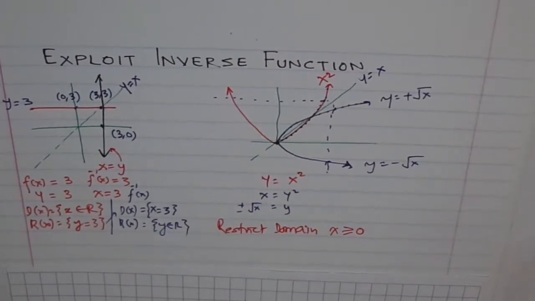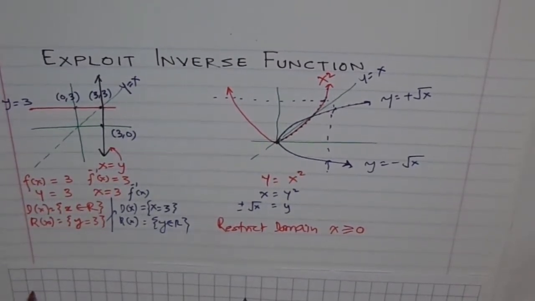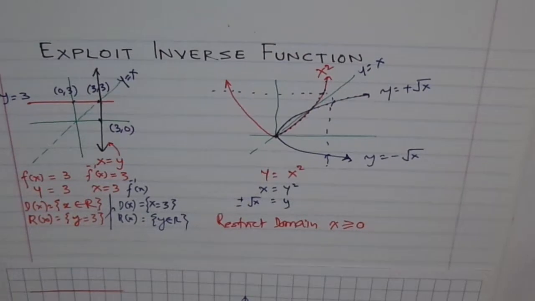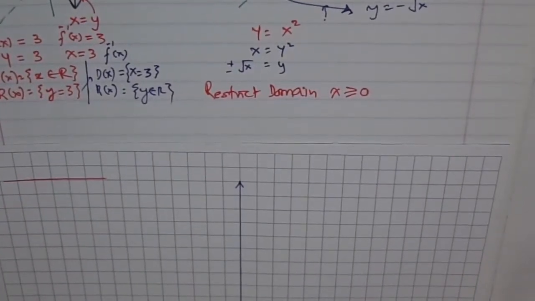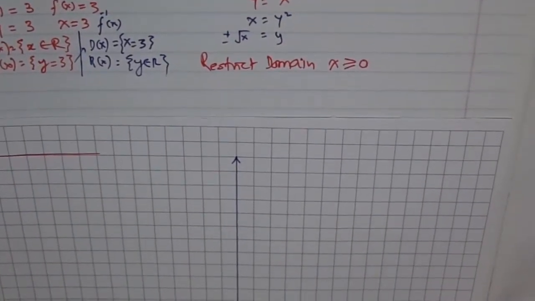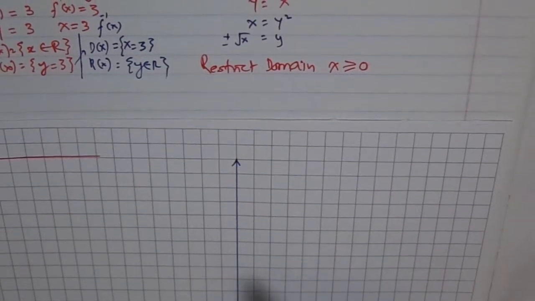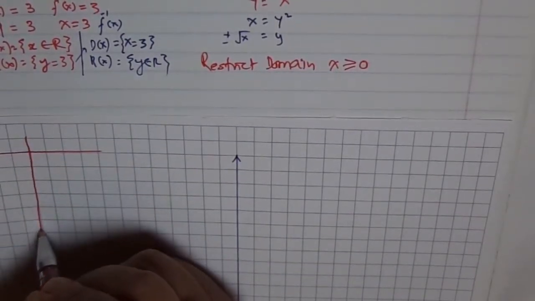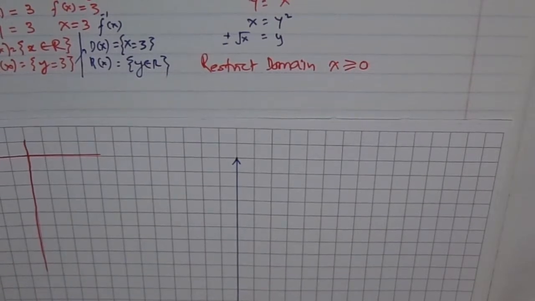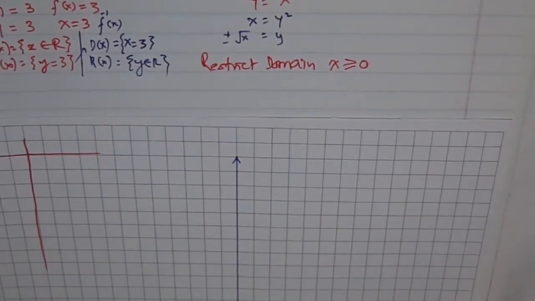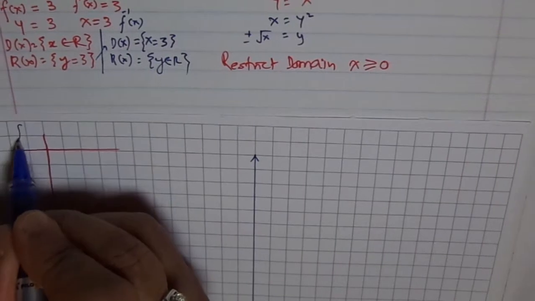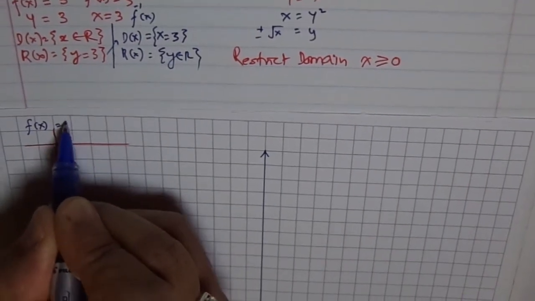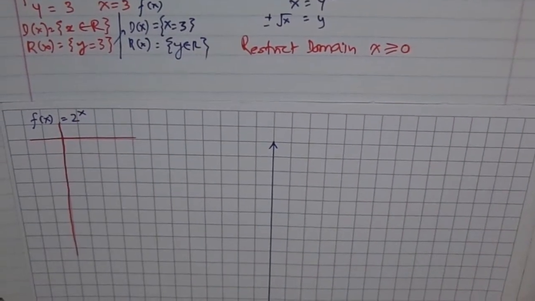Let's do it. Concentrate here. We will just plot some values and see what happens. So let me make a table of values here for you. And we are considering the function f(x) equals 2 to the power of x, correct?